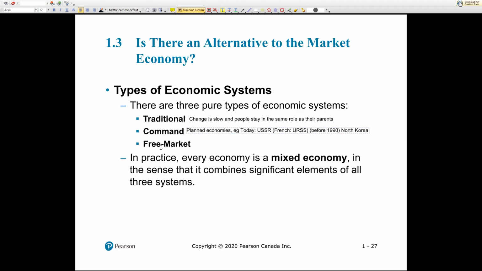And there's of course free market because I'm free to exchange my labor for a wage if I choose so. But there's also command. Why? Because the government intervenes a lot in the economy because we think it's better that way, because of market failures and the need for redistribution. So in practice everything is mixed.